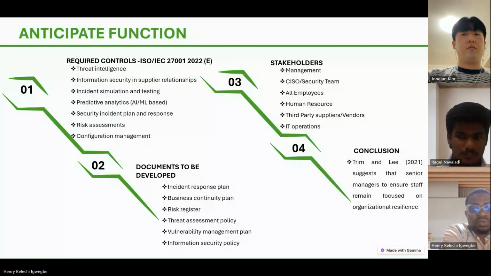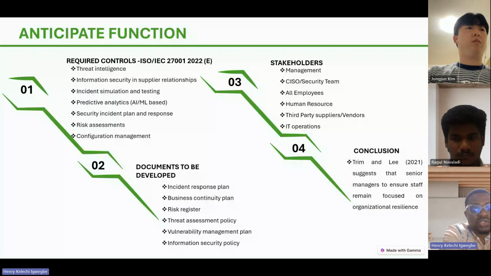Stakeholders for that include the executive management. They must ensure that the cyber risk is incorporated into the overall enterprise risk management. The CISO, Chief Information Security Officer, in charge of developing the security policies and the threat models to protect UniNet.